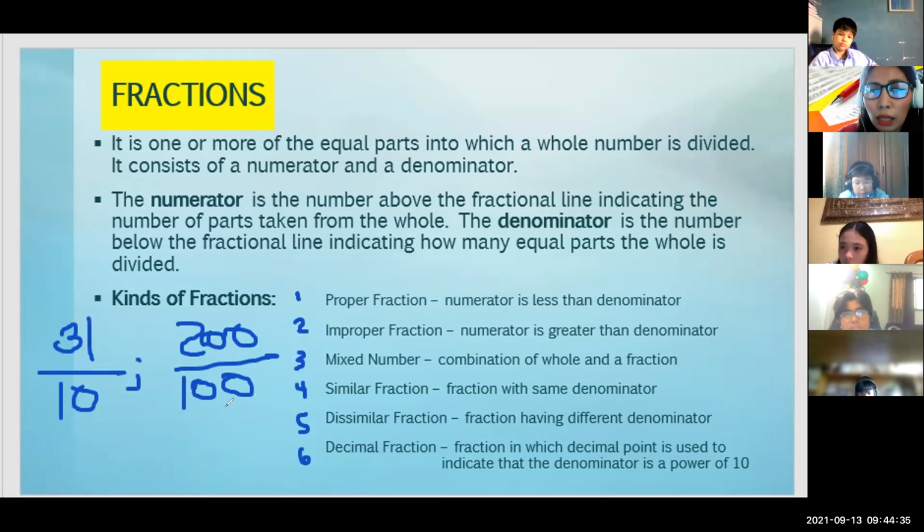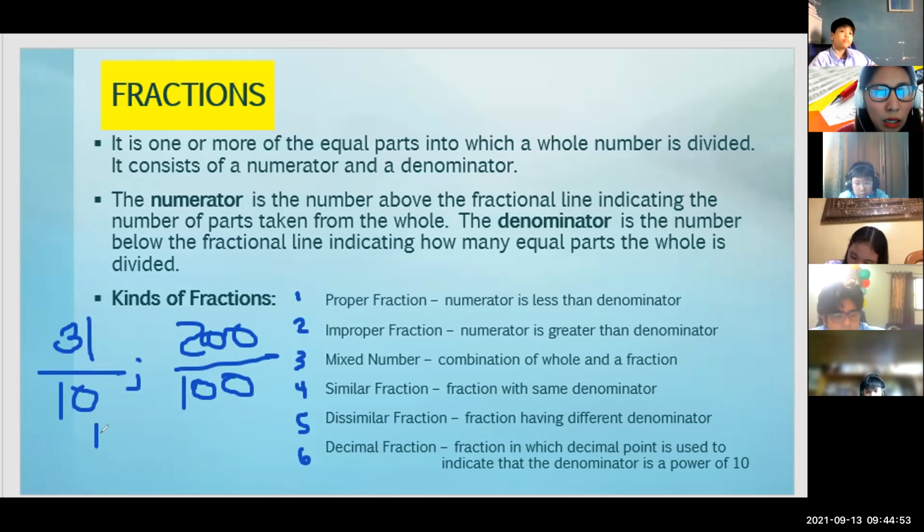We need to make it proper. We need to make it in the form of a proper fraction. What are other examples of improper fraction?